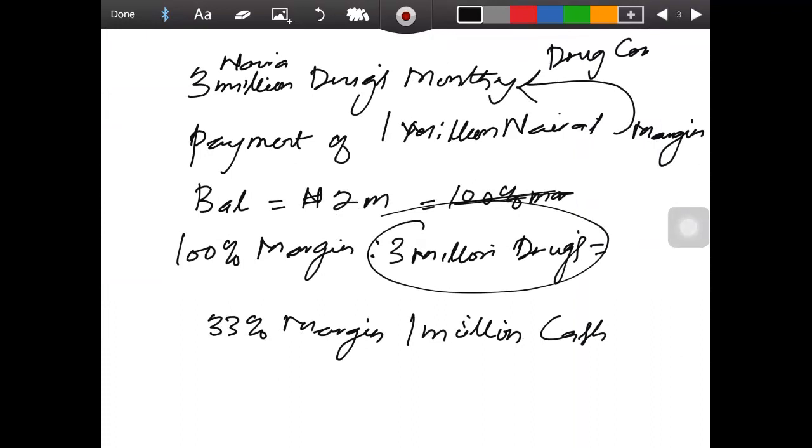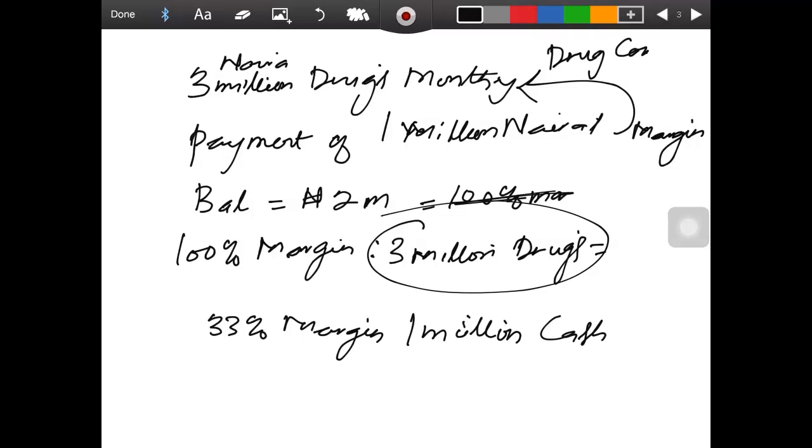Leverage is simply what I described in the drug business, whereby a distributor collects drugs worth 3 million naira and pays only 1 million naira as the margin deposit. He goes and sells the 3 million naira drugs and makes his profit. Let's say he makes 1.5 million on the 3 million.